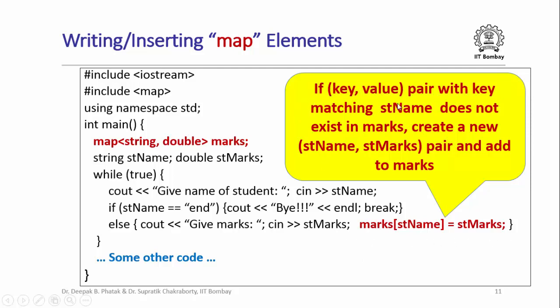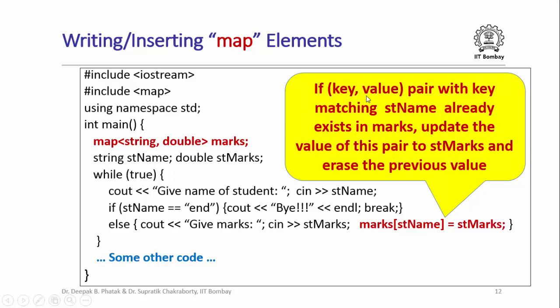If the key value pair with key matching stName does not exist in the map marks, then I'm going to create a new key value pair where the key will have the value stName and the value will have the value stMarks. I'll create this new pair and I'll add it to the map marks.